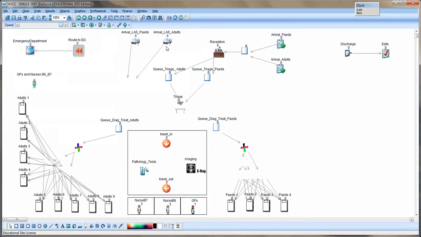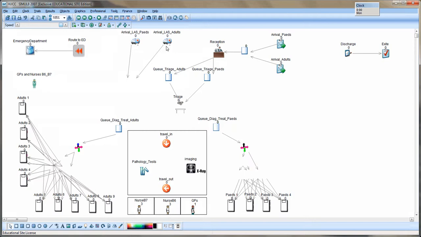In this model, we categorize the arrivals in 2 categories: arrivals for peds and arrivals for adults. Although both of them have 2 peaks during the day, they are really separate. So in order to mimic reality, these categories were separated.